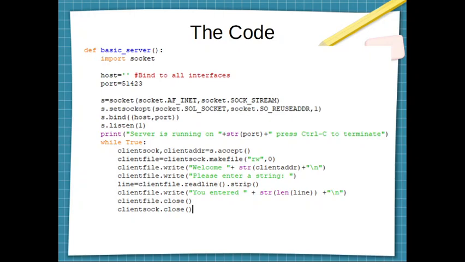It will reply, and write: please enter a string. It will strip out whatever it receives back from the other side. It will reply back telling it the size of the file. I didn't know what else to write, and then it closes the file and the socket.